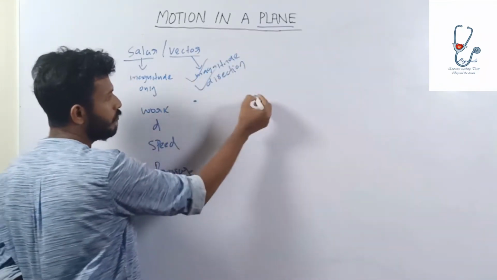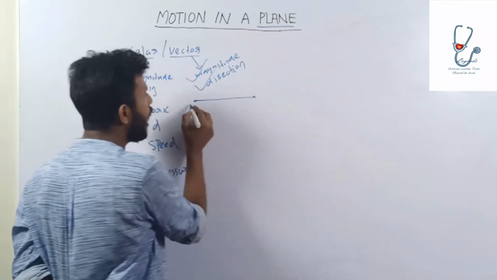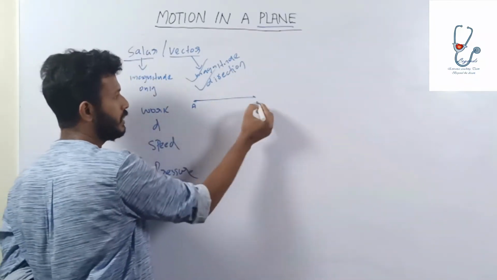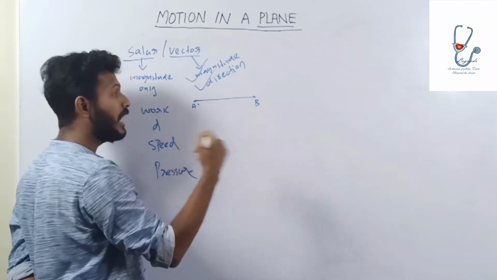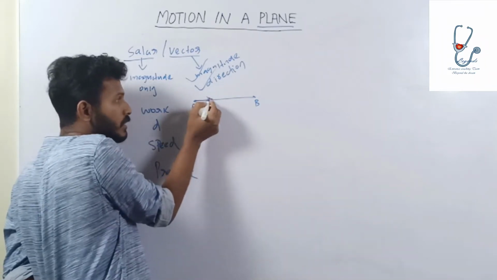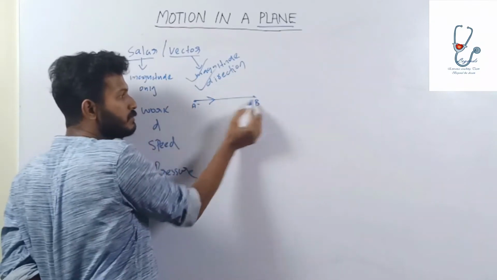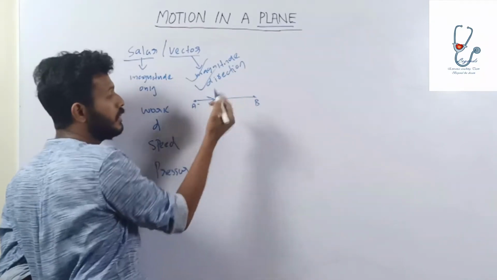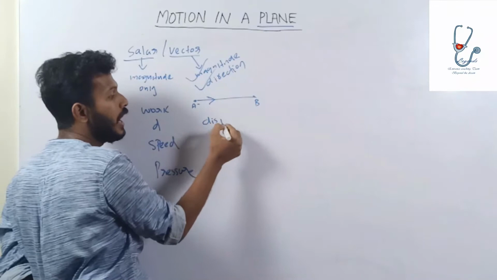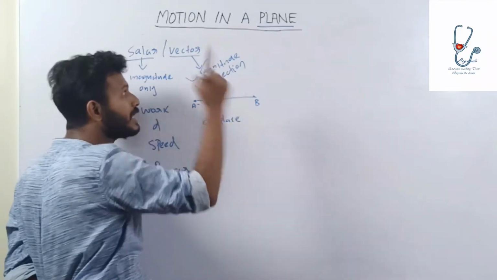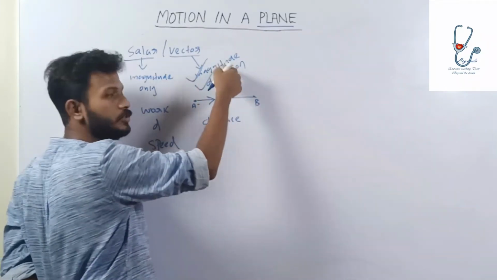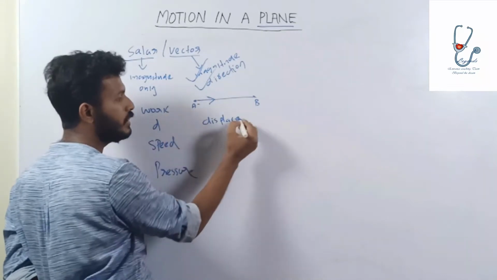If we want to convey an idea about displacement from A to B, we have only one particular direction, that is this direction. We can measure displacement only through this direction. So displacement is a quantity having only one direction and it has one magnitude. So displacement is a vector quantity.